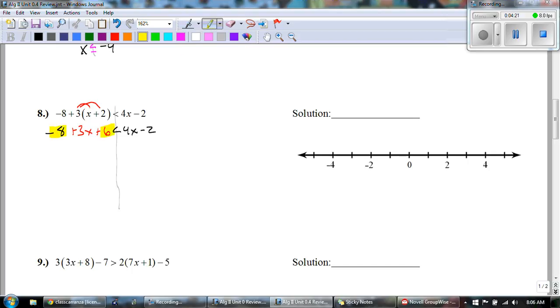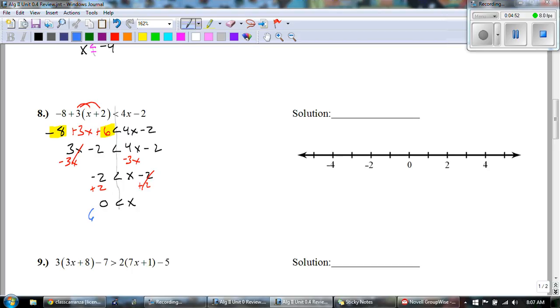I need to combine like terms on the left side, so we have 3x minus 2 is less than 4x minus 2. I'm going to move the smaller variable. I have -2 is less than x minus 2. Just following SADMAP, I'm adding 2 to both sides, and I get 0 is less than x.